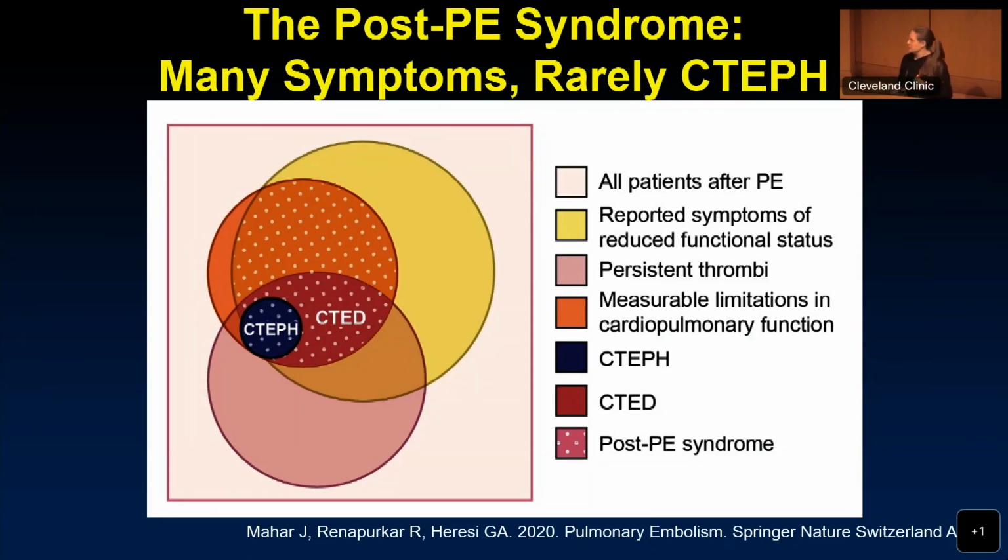And then there are patients that actually have measurable limitations of cardiopulmonary function and chronic thromboembolic changes. We call them CTED patients. And then there are those that actually have resting precapillary PH. Some of this may be a spectrum, and some of this may be overlap, but it's very challenging to tease out in the office.